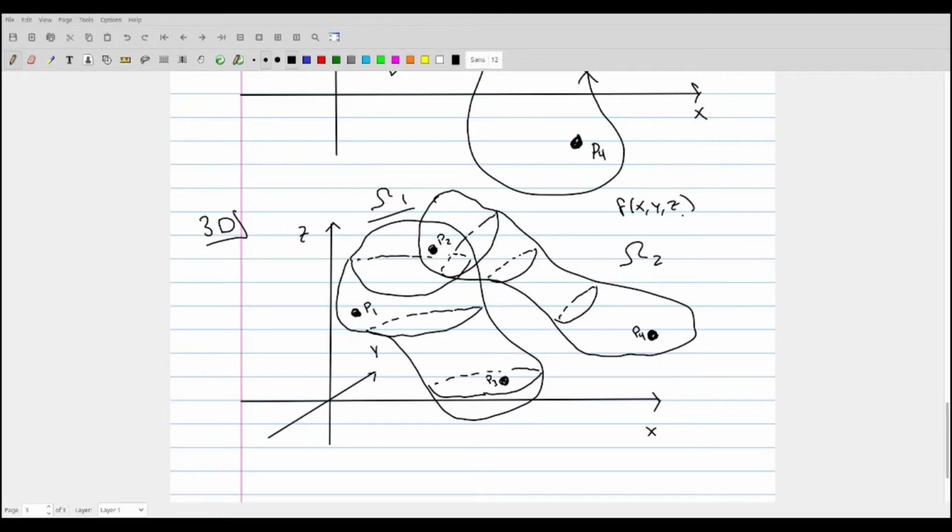And same thing for omega 2. But for omega 2, you only have 2 interior critical points, P2 and P4, or on the boundary of that new domain omega 2. So this is definitely one potential issue that is very important.